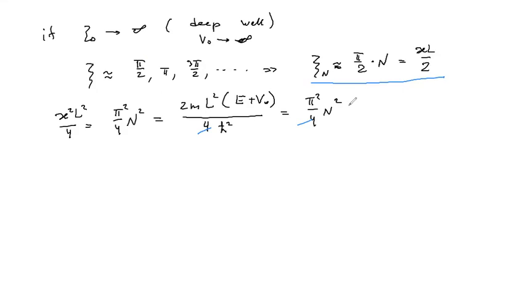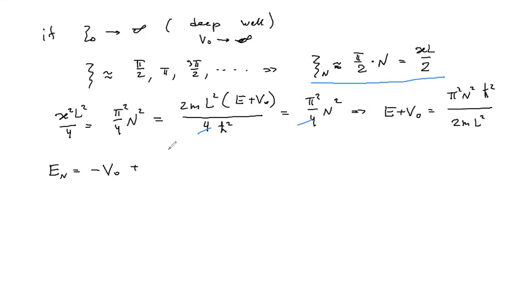Then I can find energy plus V naught, if I multiply by h bar square pi square n square over 2m L square. Can you recognize this equation?